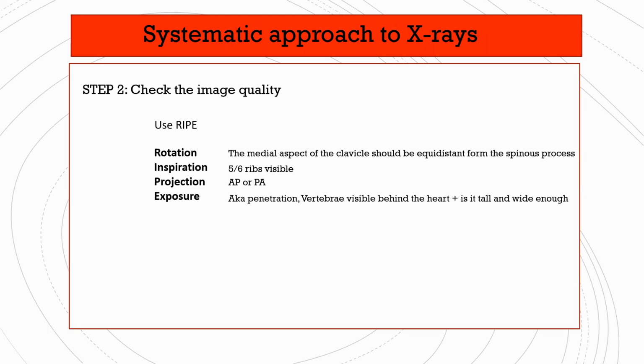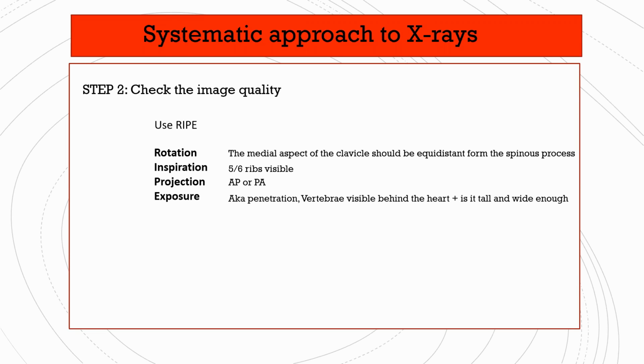For this, the medial aspect of the clavicle should be at the same distance from the spinous process. The spinous process is the center of the spine, right? And the clavicle is this bone here. I'll show you on the next X-ray that we see, it should be equidistant from the spinous process.